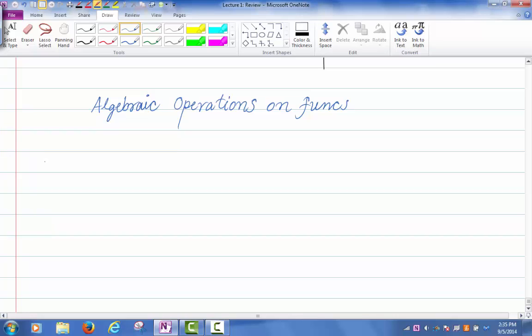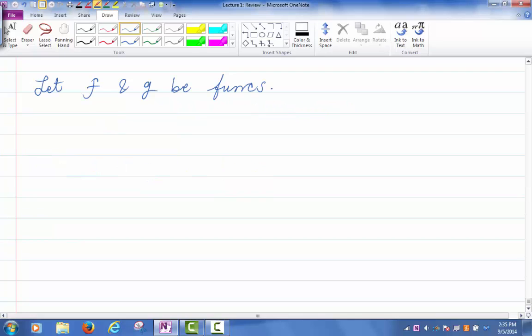So let f and g be functions. So I have two functions, and I'm going to define some new functions by algebraically manipulating these two functions.